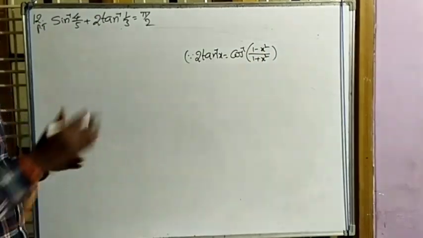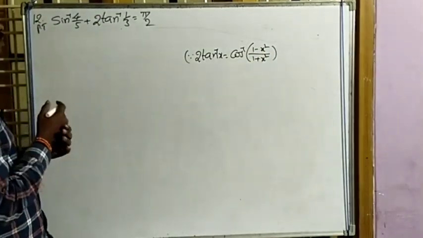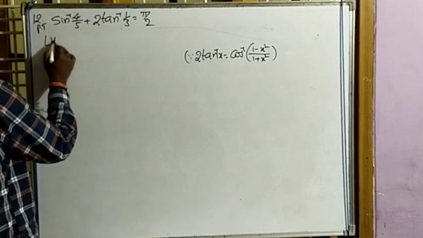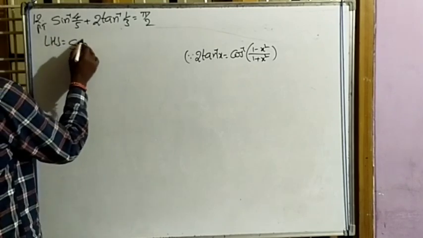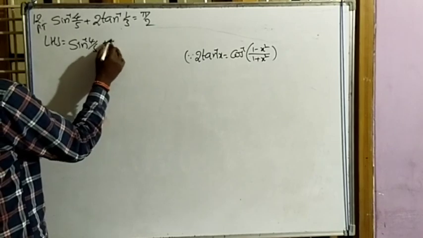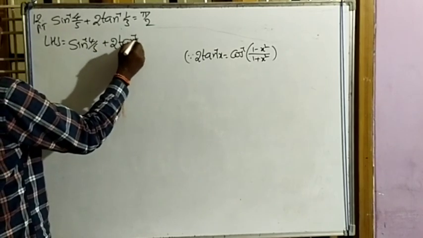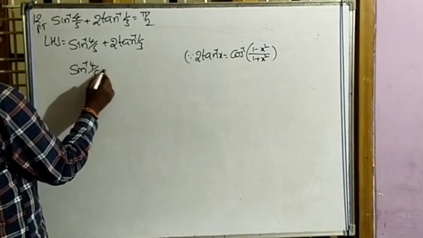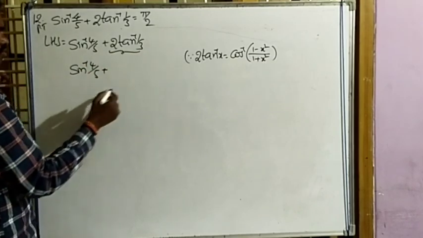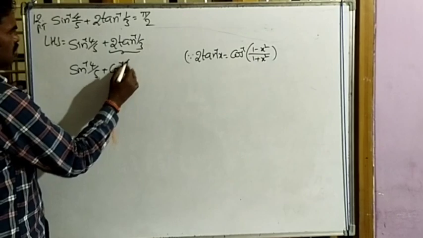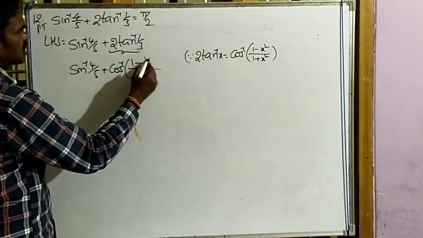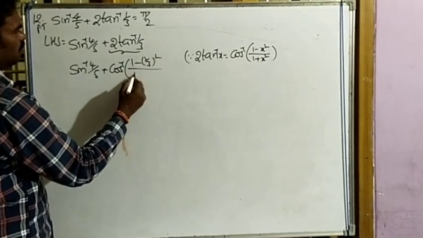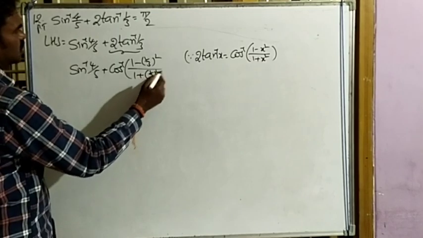Same formula, by reversing we can get that formula. So now take the LHS: sin inverse 4 by 5 plus 2 tan inverse 1 by 3. The sin inverse 4 by 5 stays the same. This 2 tan inverse is cos inverse of (1 minus (1 by 3) square) by (1 plus (1 by 3) square).